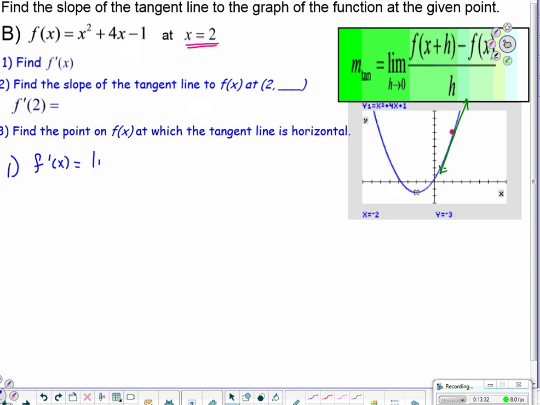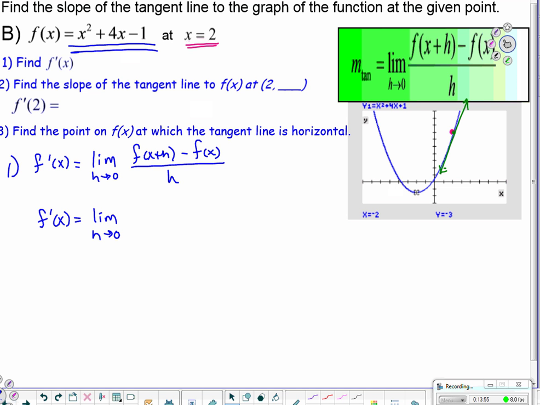All right, so part 1, f prime of x. Well, here we go again. The limit as h goes to 0. This is a formula you're going to want to memorize. F of x plus h minus f of x over h. F prime of x equals the limit. Now let's actually use our function. Our function was x squared plus 4x minus 1.